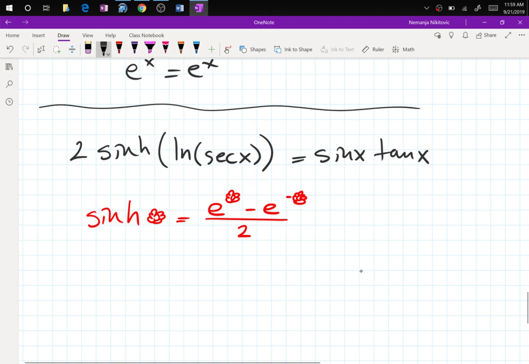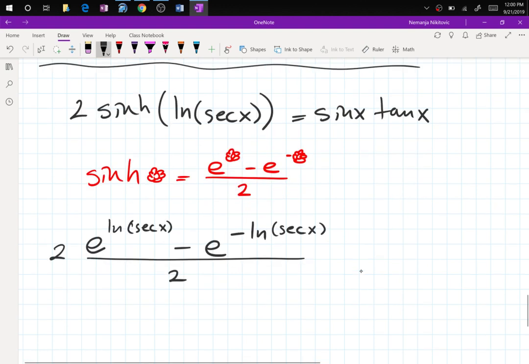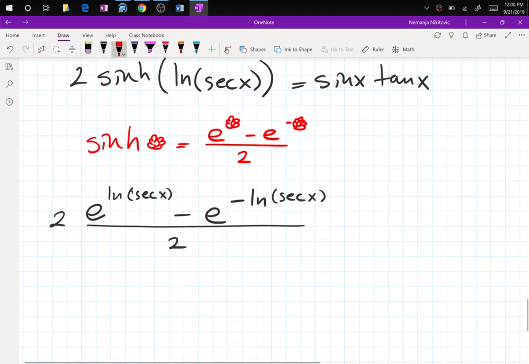So when I write this out, I get 2 instead of sine hyperbolic, I'm going to have e to the ln of secant x minus e to the minus ln of secant x, everything divided by 2. Now 2 and 2 will drop. E and ln cancel.